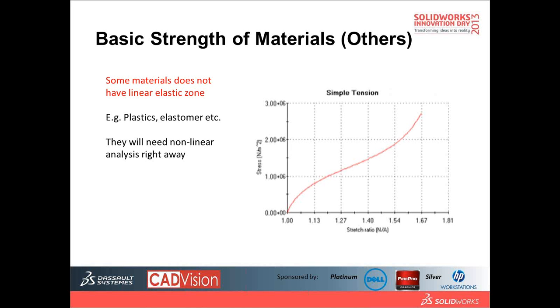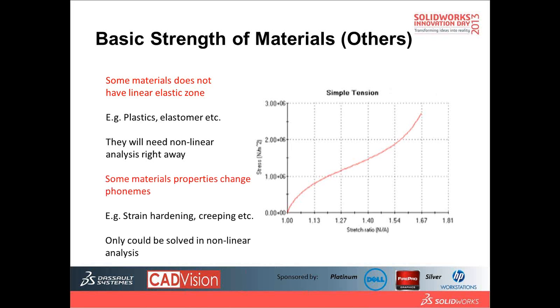You can see the value on the strain actually going very big. This rubber can be stretched to 67%. Okay, much longer than the steel. So you can see on the curve there is actually no linear zone. Okay, for this kind of material in design and analysis, we will need nonlinear analysis right away.